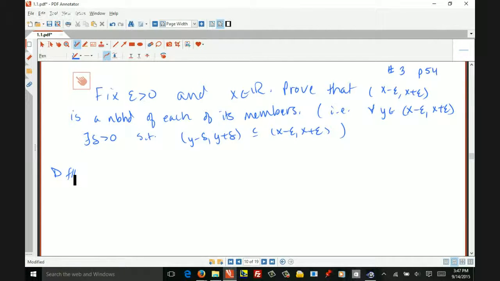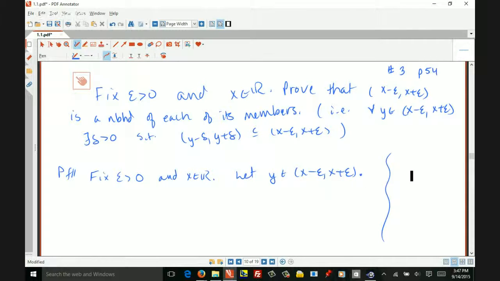What's our first statement? What's our hypothesis? Yeah, fix epsilon greater than 0 and x in the reals. And then we need to get a y in x minus epsilon to x plus epsilon, right? Now, here's our little scratch area.